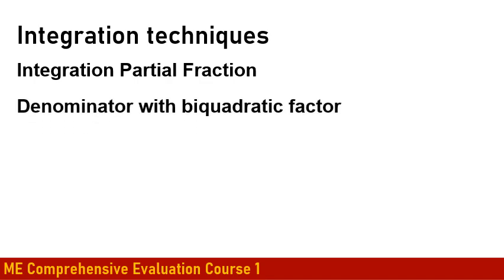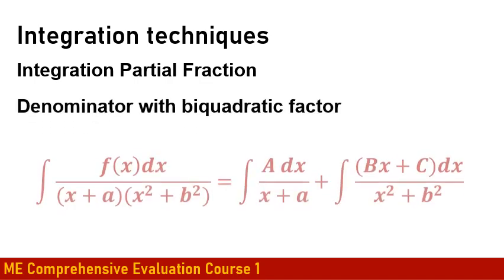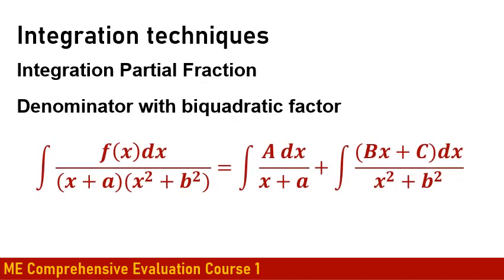If we have a denominator with a biquadratic factor, then our equation will become in this form here. So we have x plus a multiplied by x squared plus b squared. So this is a biquadratic factor.